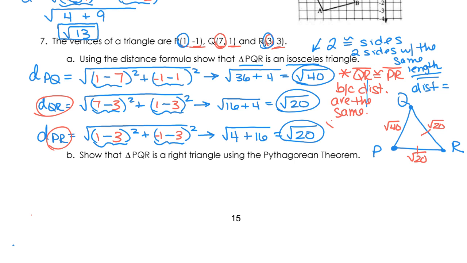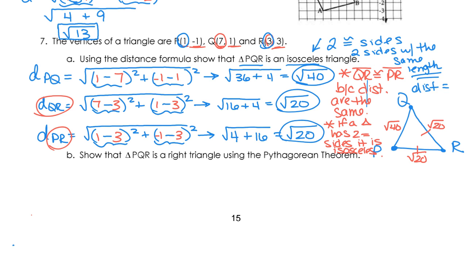Okay, and we're also going to say that if a triangle has two equal sides, it is isosceles. All right, so we just proved to ourselves that this triangle has two equal sides by finding the distance, and making sure that they come out to be the same.